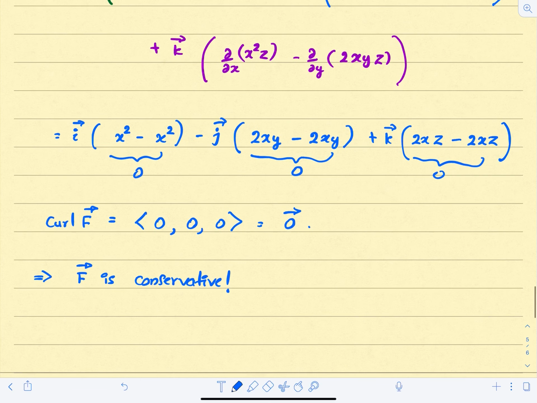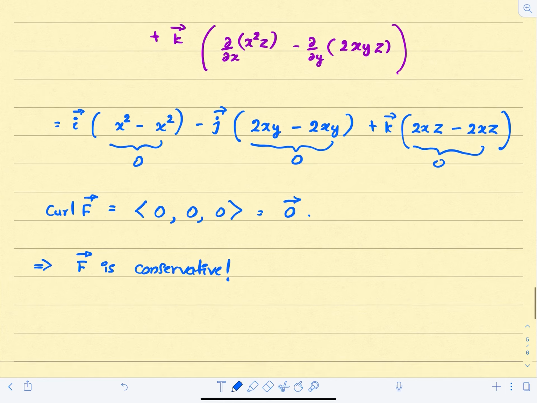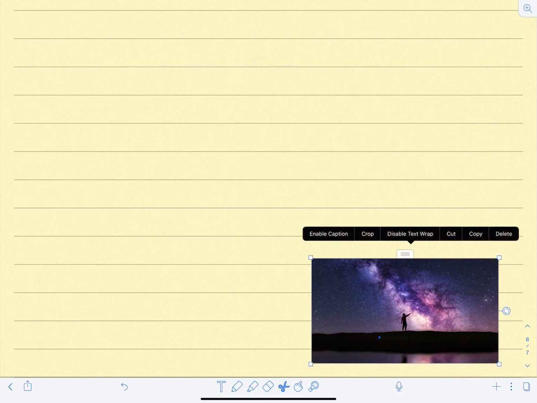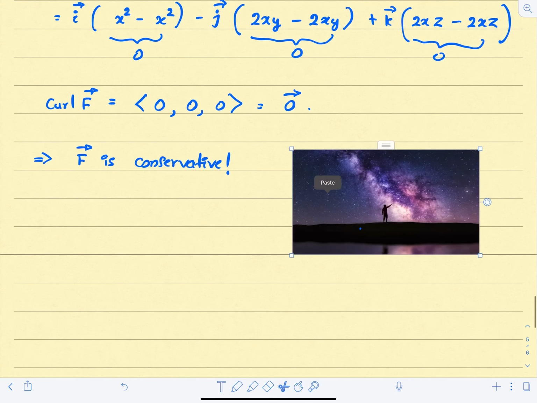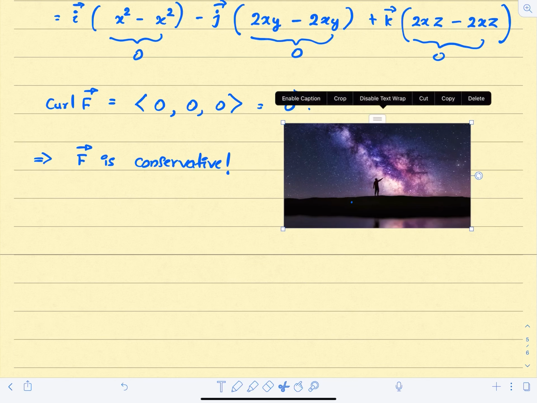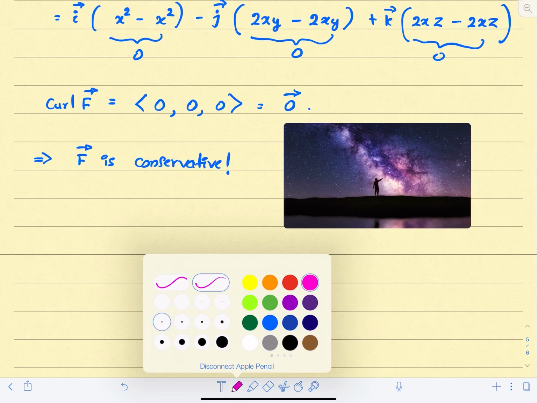Now this means that if a vector field F is conservative, we should be able to find a scalar potential function, little f.